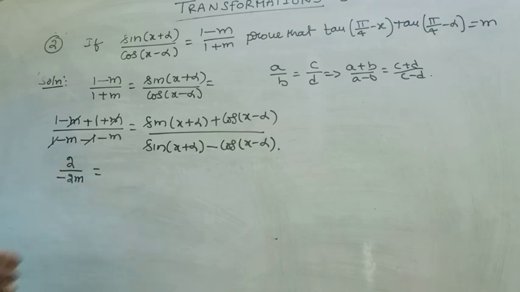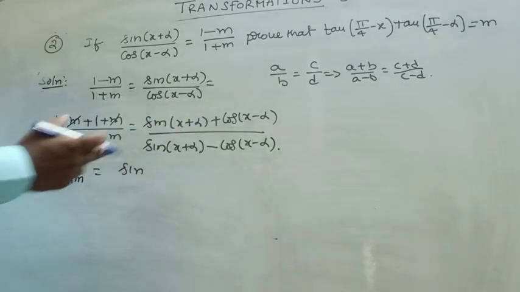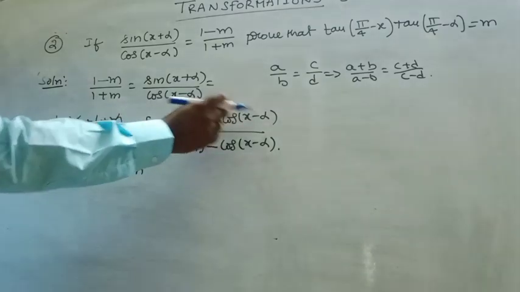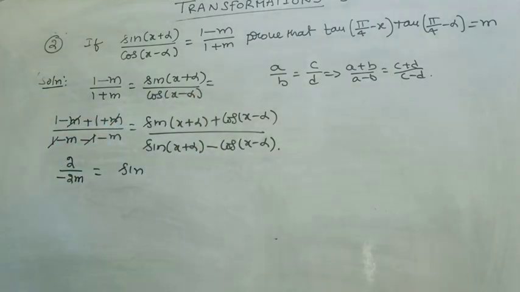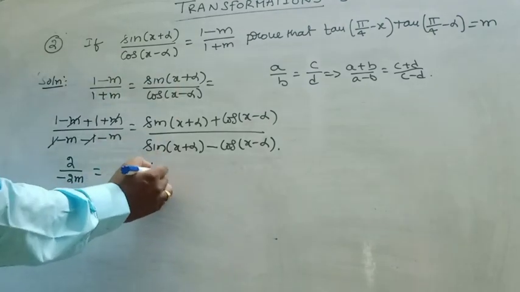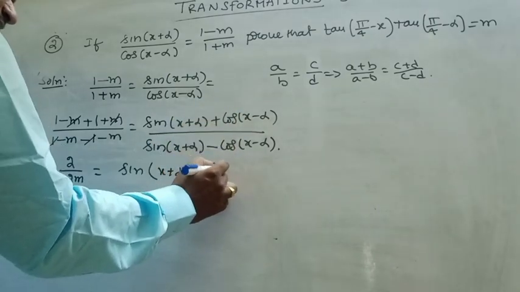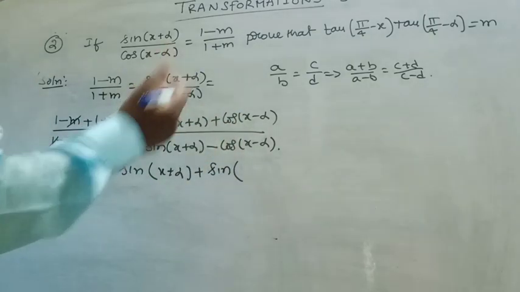This is equal to, my dear student, now I want to apply the sin C plus sin D formula, but I am having here sin and here cos. I want to transform any one of them into sin. That's why, sin (x plus alpha) I am having here, this cos I will try to convert into sine.